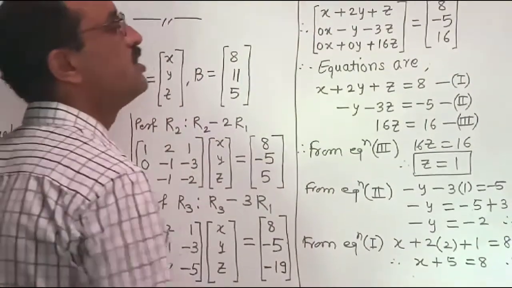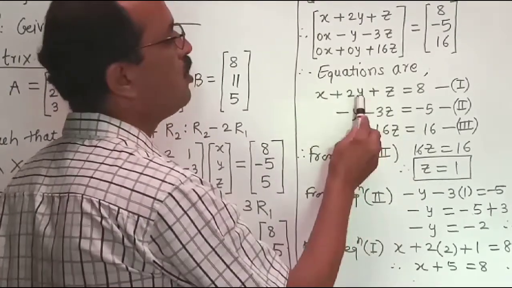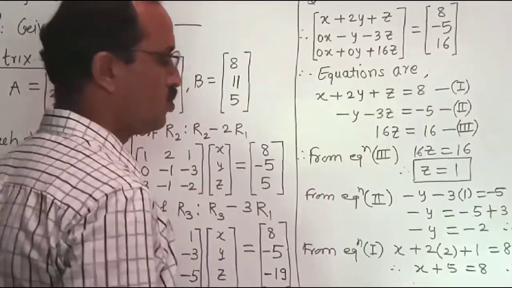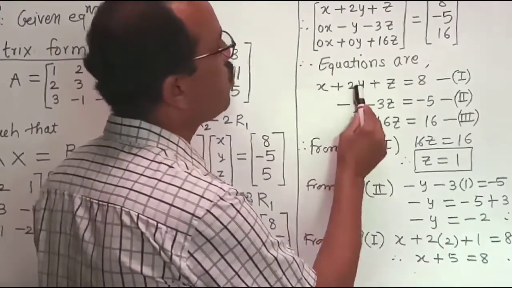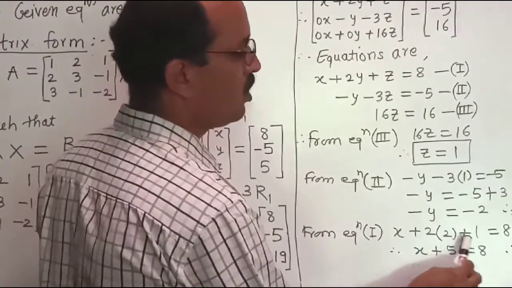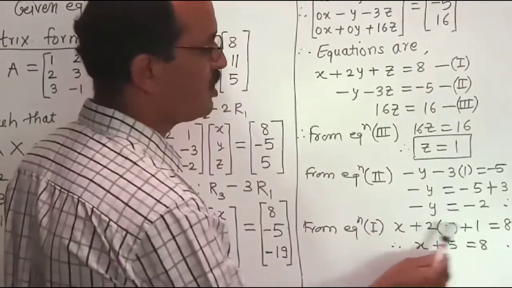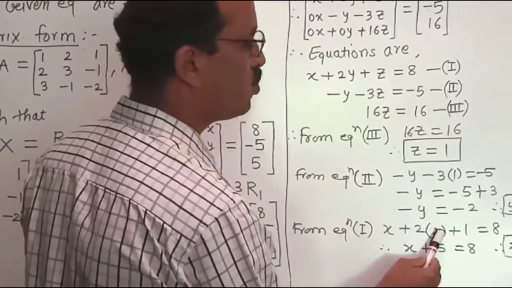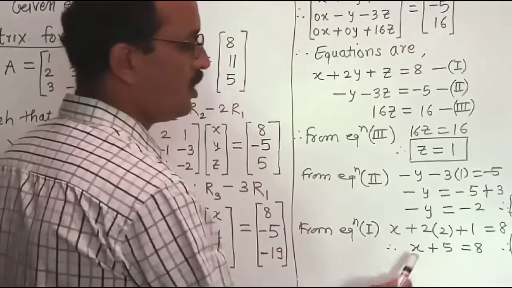Now using equation 1, we find the value of x by putting the values of y and z. So from equation 1, x plus 2y plus z is equal to 8. So x plus 2 into 2 is 4, plus 1 is 5. So x plus 5 is equal to 8.